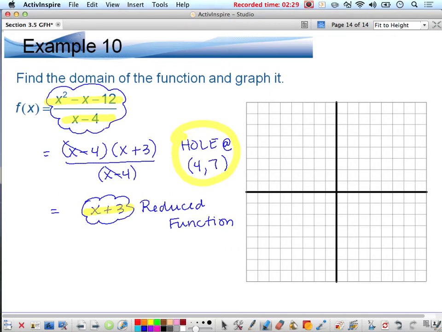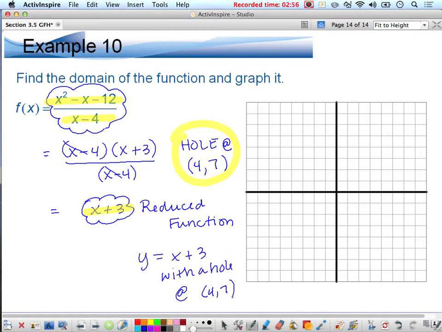So all we have to do really is graph y equals x plus 3 and then put a hole at 4, 7. So you graph the reduced function and then put the hole in, and that will give you your original function back.